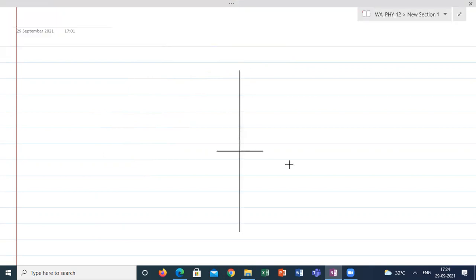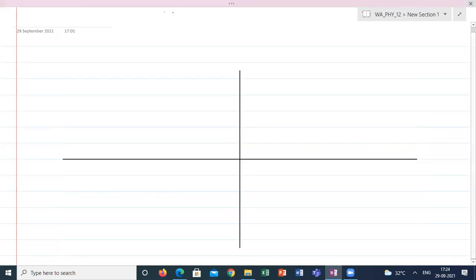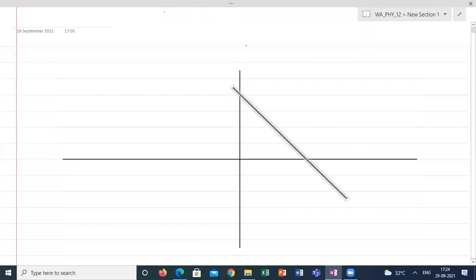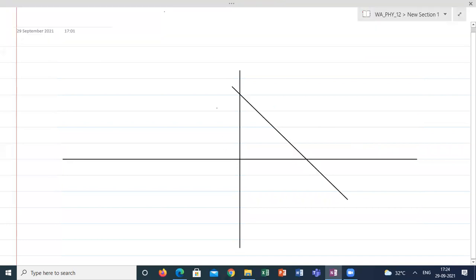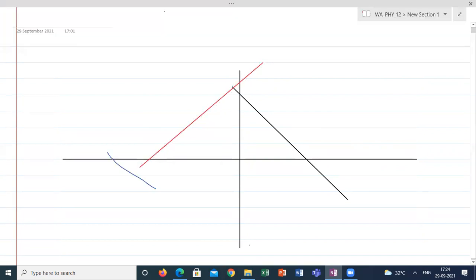Suppose I have a line in two-dimensional geometry, I'm taking a straight line here. We can take a straight line in four different ways, intersecting the axes. This is one way, this is some other way, where it is intersecting the negative x-axis and positive, and like this also.